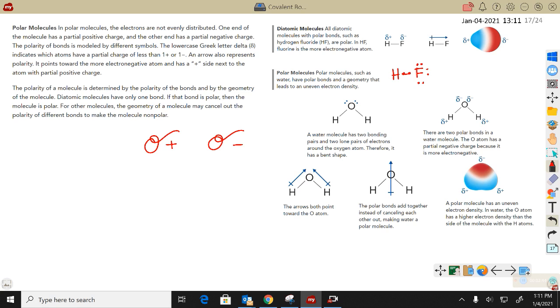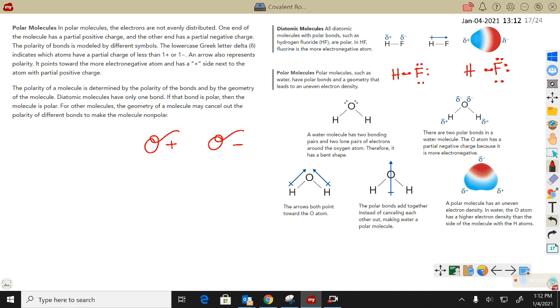But knowing now that fluorine has a higher electronegativity, that pair of electrons is not really shared equally between the hydrogen and the fluorine. It'll be pulled closer to the fluorine. And so in reality, maybe it would look kind of like this, where that electron pair is closer to the fluorine. It's not really right in the middle of the two atoms.